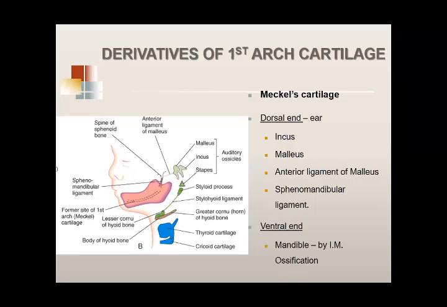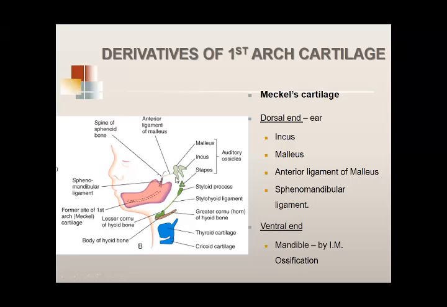अब देखते हैं कि first arch की cartilage से what does develop. ये देख लीजिए, this is the developing head and neck. अब ये जो Meckel's cartilage है ना, this is how it is lying here.